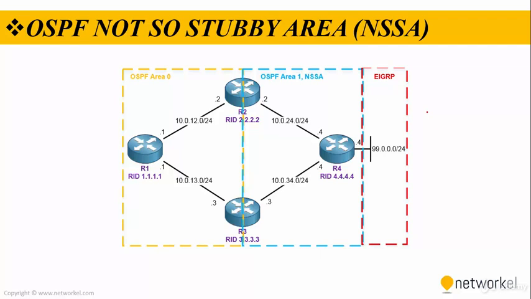The ABR, which communicates the NSSA with the other areas, does not allow the transmission of type 7 LSAs. It receives and converts them into type 5 LSAs and transmits them to the other areas, allowing the OSPF autonomous system to learn the external networks of the other areas.